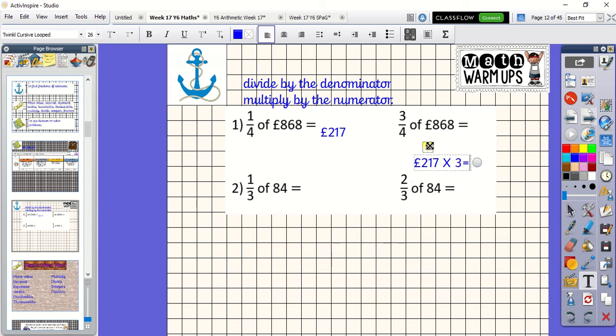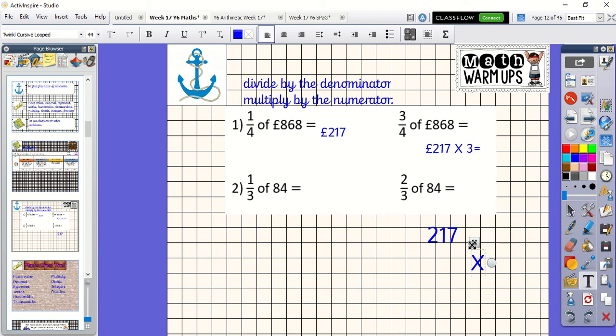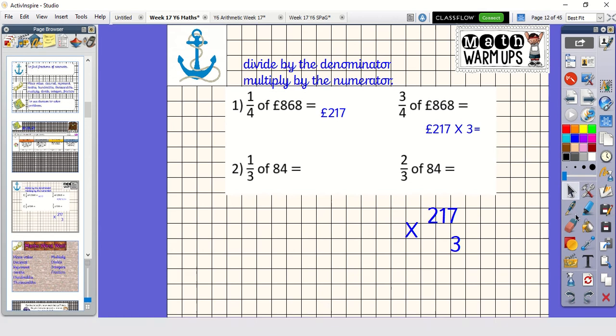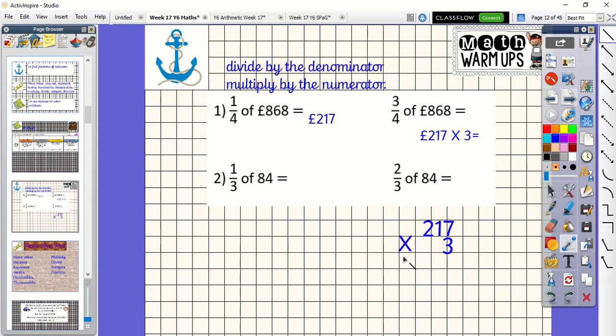Okay, so I can do a short multiplication here. Make my numbers a little bit bigger so you can see better. There we go, 217, and I am multiplying by 3. There we go. Let's just put in the equal sign so we can get started.